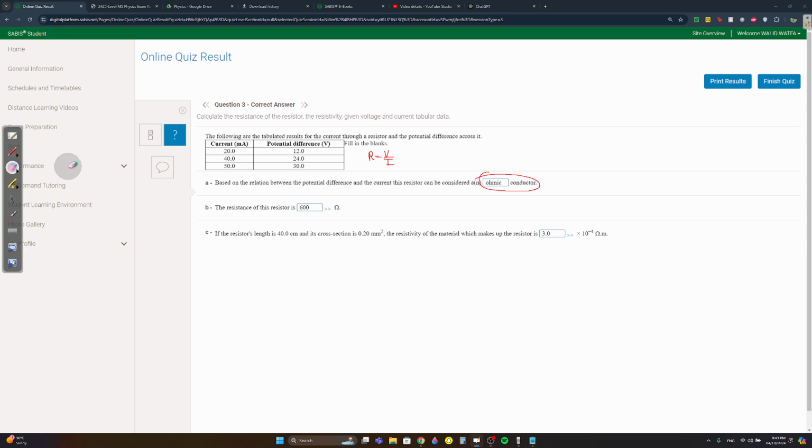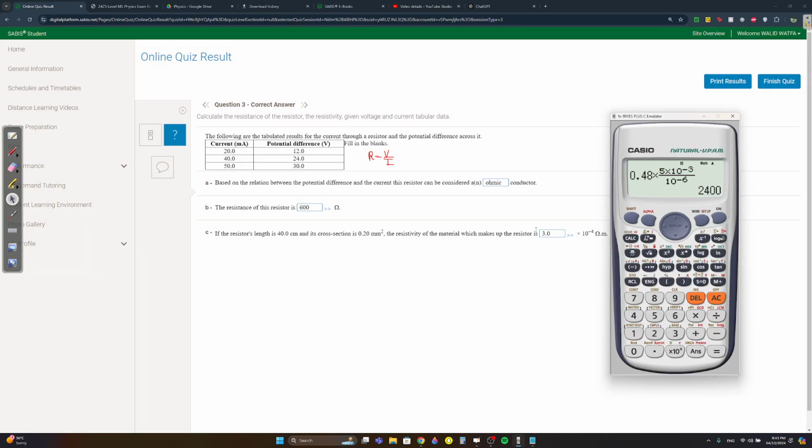Any substance that has a constant or relatively constant resistance is called an ohmic conductor. So if you divide the voltage by the current, you should get 0.6 in all of them. I'm not going to divide all of them. I checked them already.